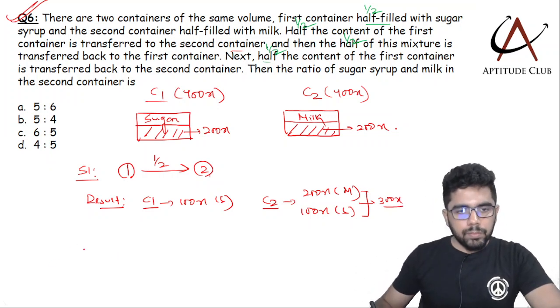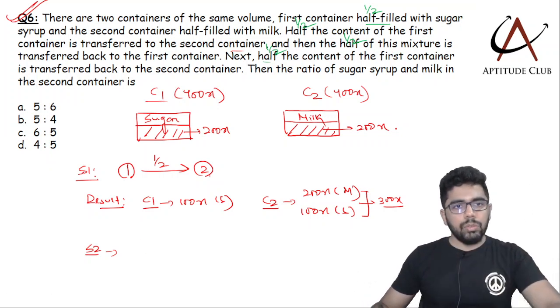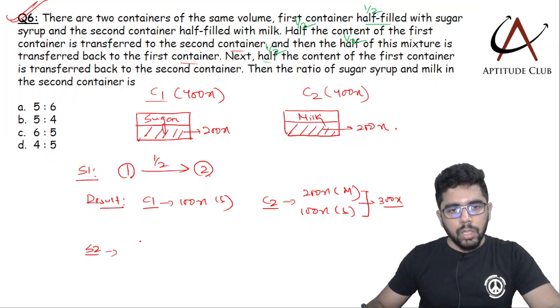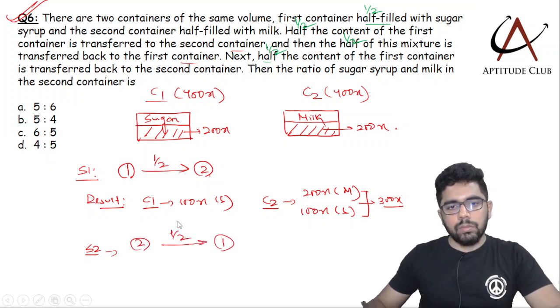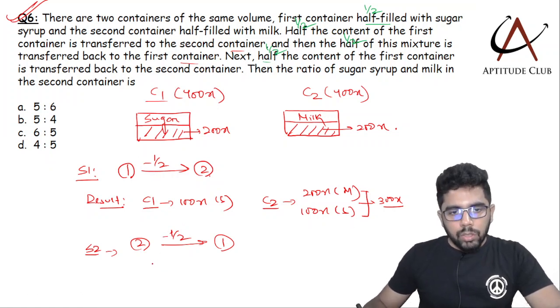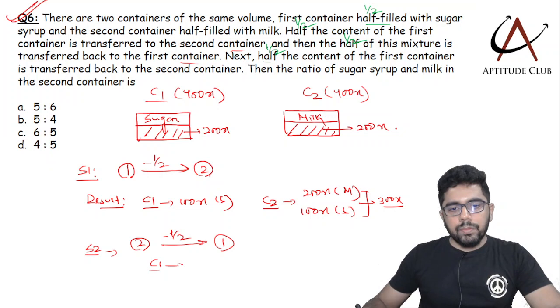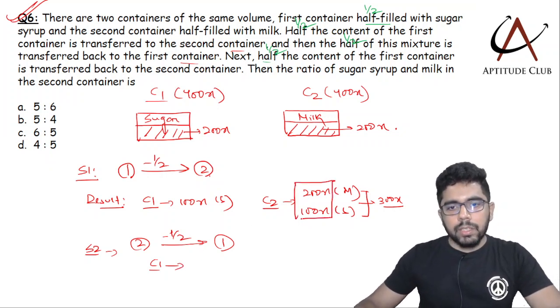This is step 1. What do you do in step 2? In step 2, half of the mixture that you got in container 2 is transferred back to the first container. So from container 2, you are transferring half to container 1. So container 1 will have how much? In container 2, whatever is there, you will make its half.